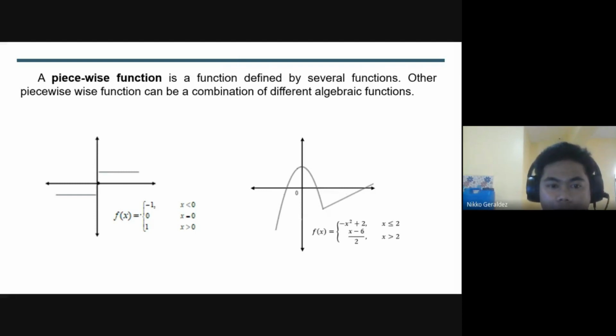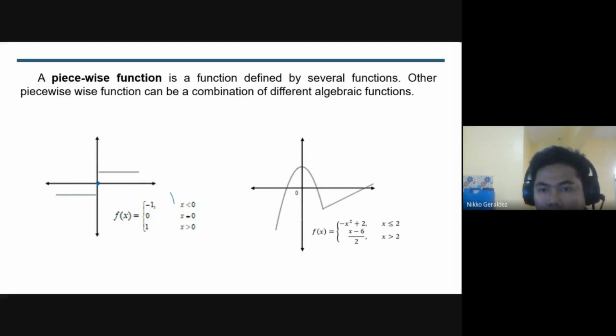So f of x is equal to negative 1 if x is less than 0. Then f of x is 0 if x equal to 0, so ito, yung nasa origin. Then f of x is 1 if x is greater than 0. So combination of constant functions.